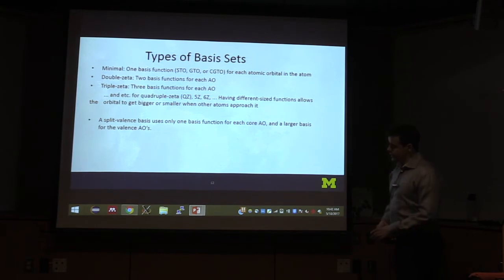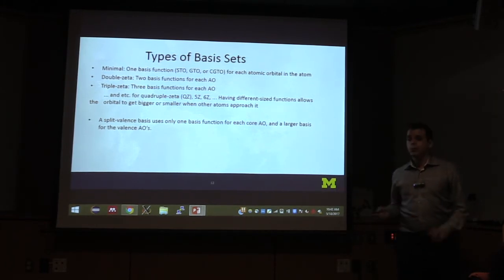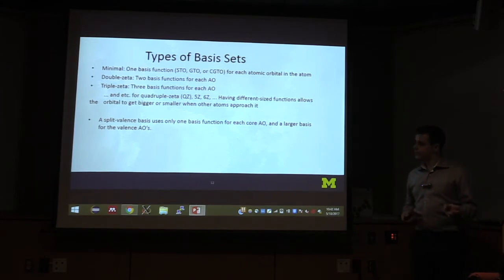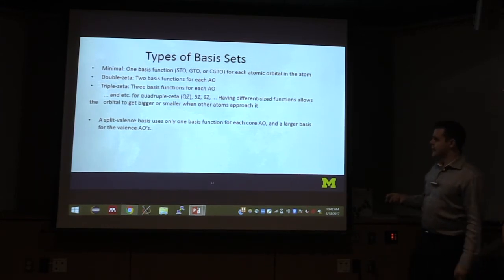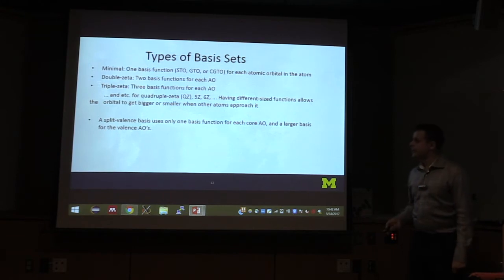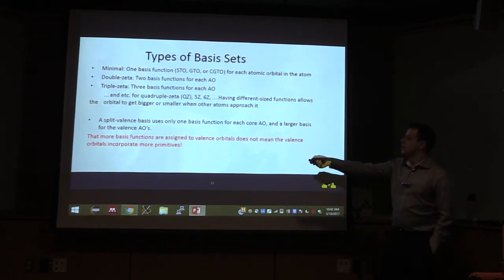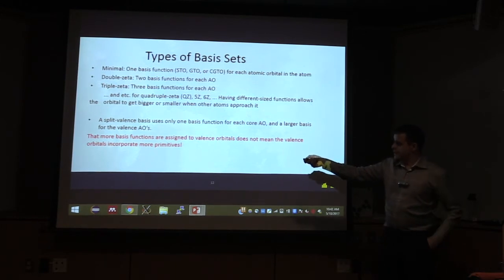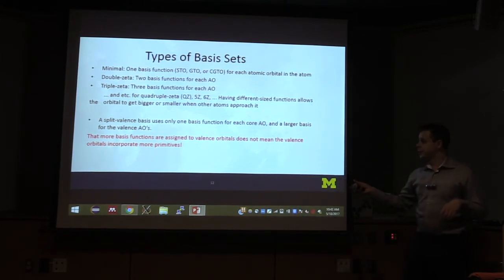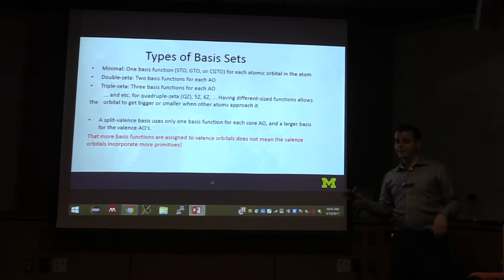And lastly, there's a thing called a split valence basis set. This uses only one basis function for all the core orbitals and a larger basis set for the valence orbitals. Note that more basis functions being assigned to the valence orbitals does not mean that the valence orbitals incorporate more primitives.